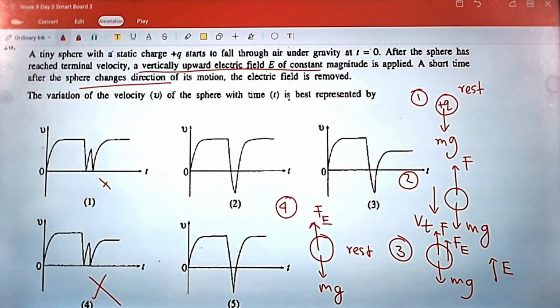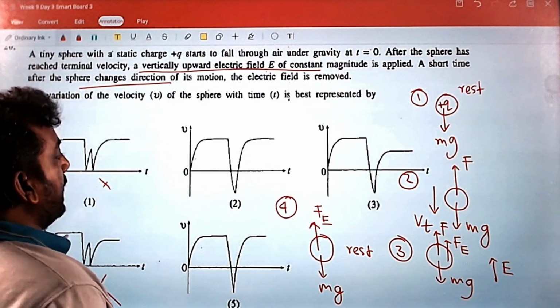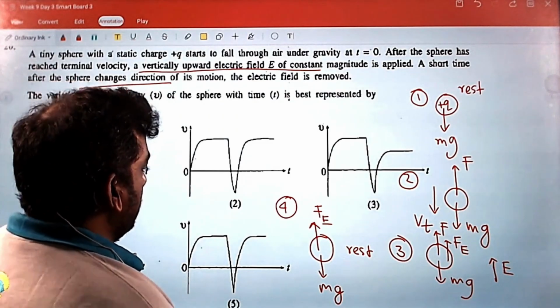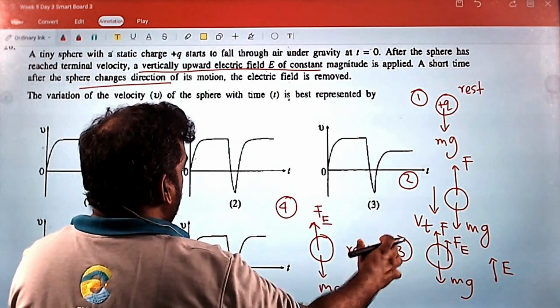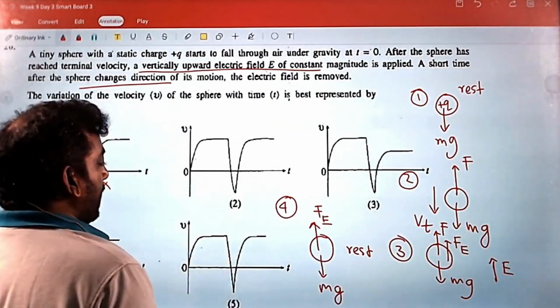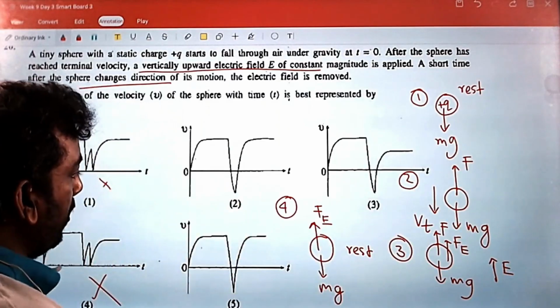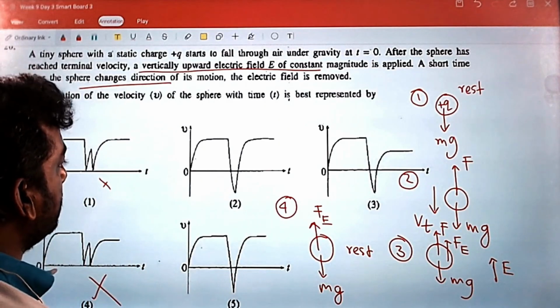After the sphere changes direction, the electric field is removed. So the moment it starts going up, again the electric field is removed. Then gravity is coming downwards and it will keep on going in the downward direction.